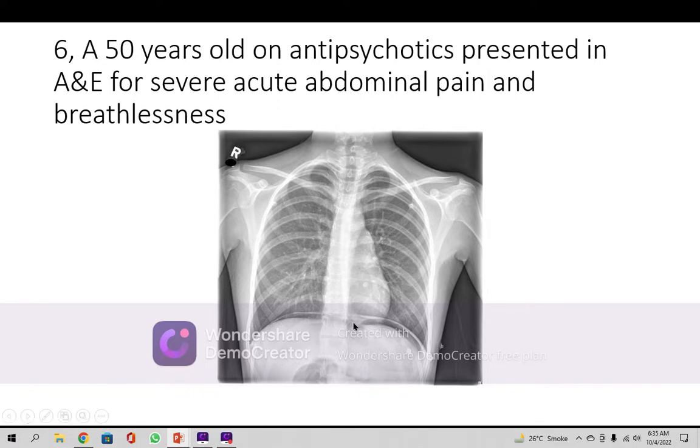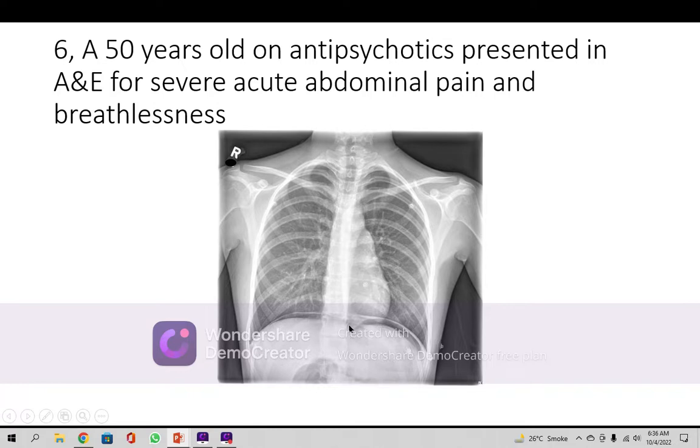For further investigation, you go for a plain X-ray abdomen, to see the other parameters of the plain X-ray abdomen: the fluid levels, the intestinal obstruction, and so on. The lateral view can also be helpful. The most helpful thing possible here is to go for HRCT to confirm your finding.